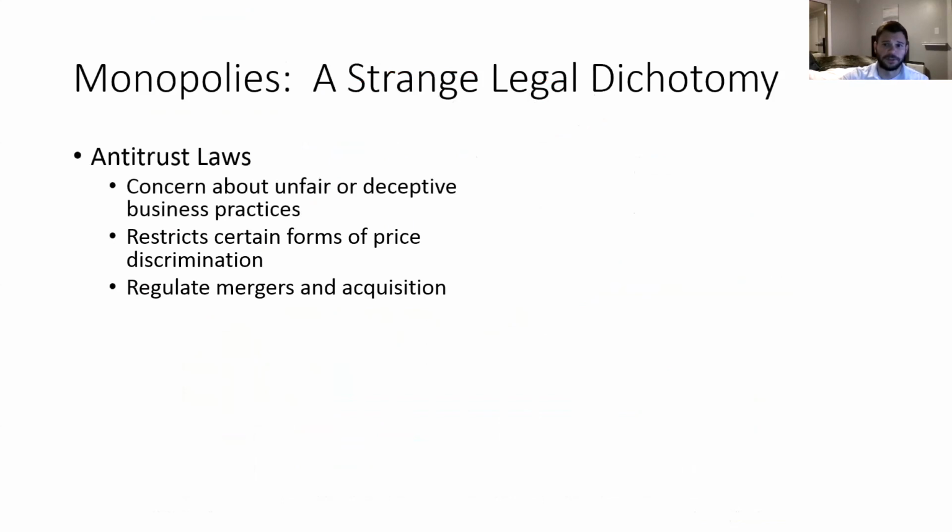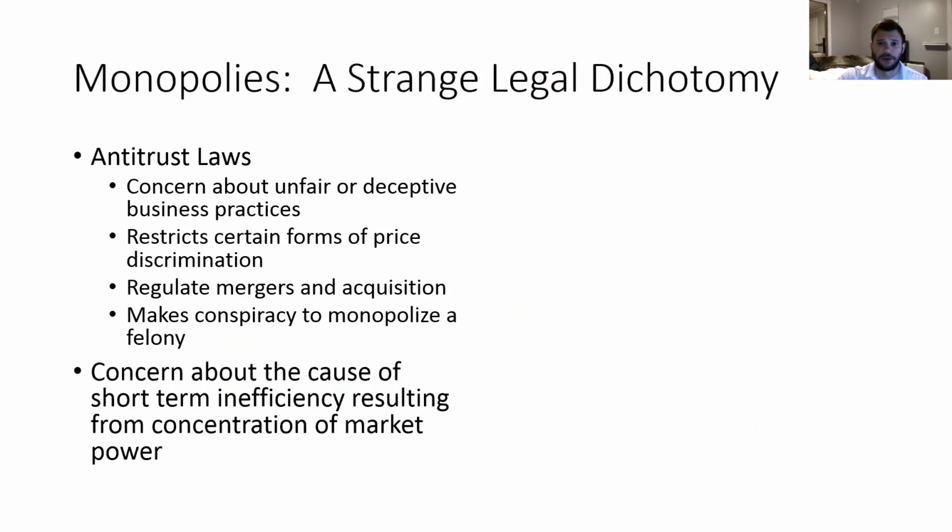It also regulates mergers and acquisitions and explicitly makes conspiracy to monopolize not only criminal, but a felony. And these laws are really concerned about the short-term inefficiency and some equity redistribution from consumers resulting from the concentration of market power.